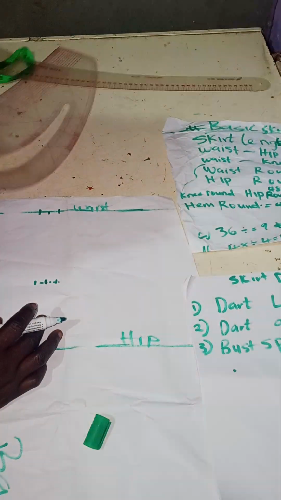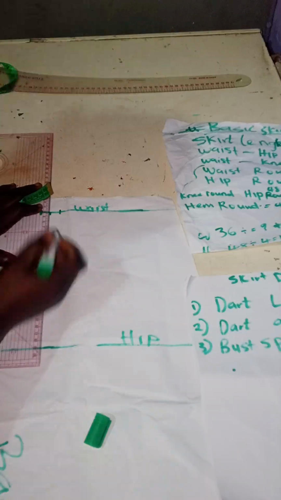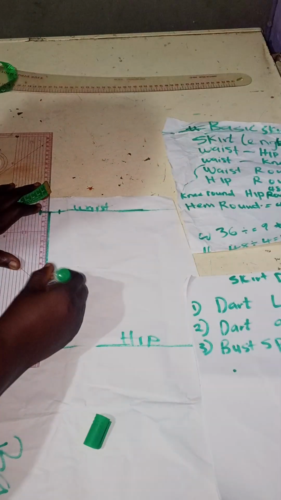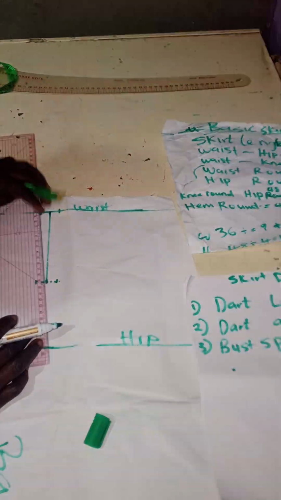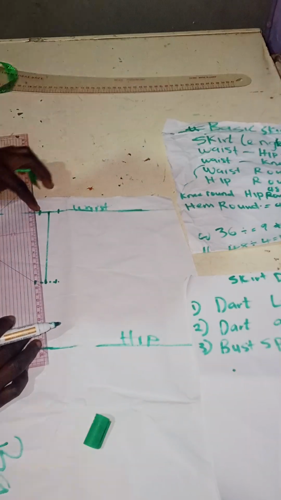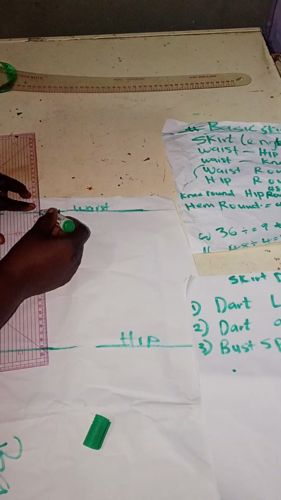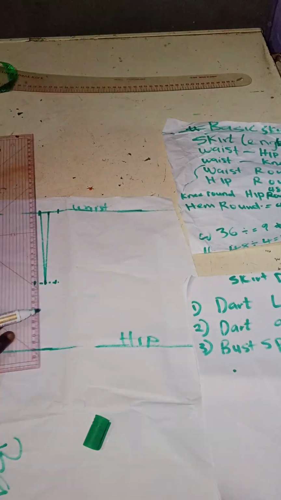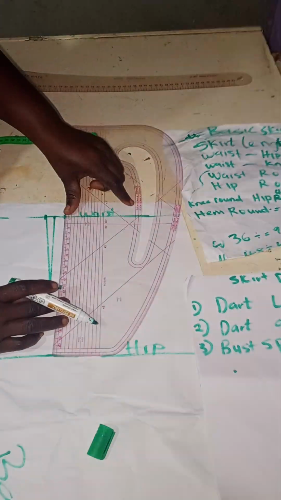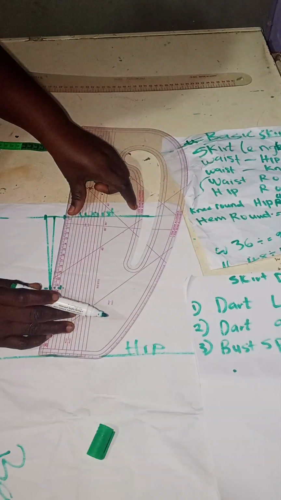Then we'll now use our ruler to connect that point. We connect like this. So this half inch on this side, you know we have divided this 1 inch into 2. We have half here, half here. So you will now connect. If you don't understand, just watch the way I am doing it and do it exactly like that.